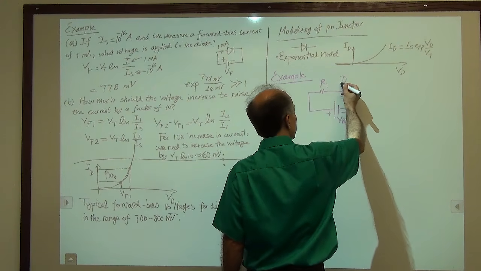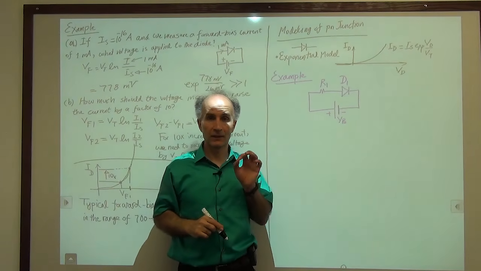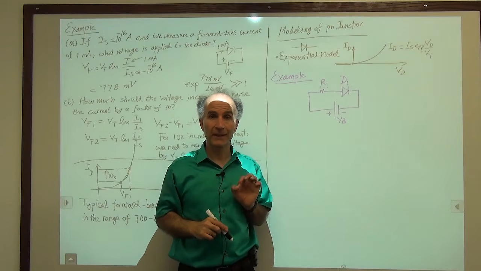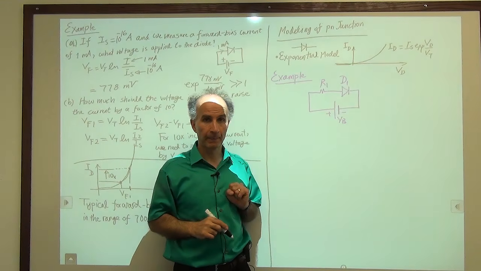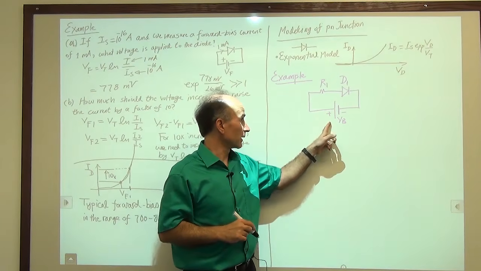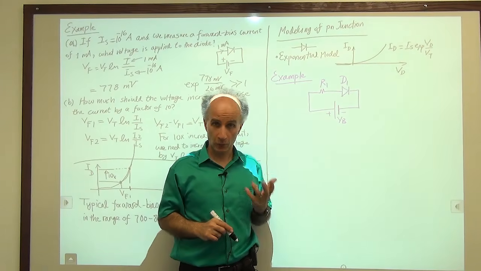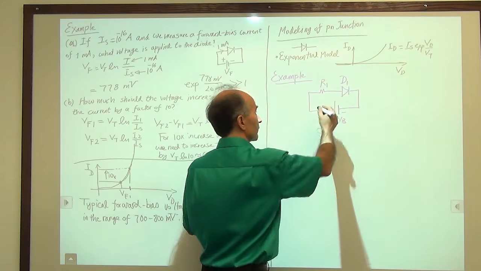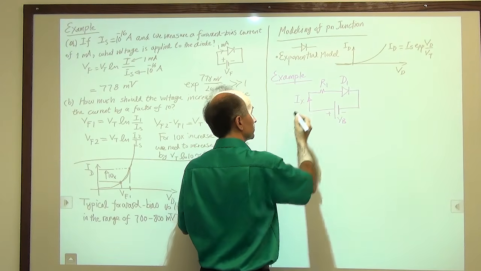I will call this diode D1. So from now on we'll use the letter D to represent diodes, just the way we use letter R for resistors. So I connected a battery and a resistor and a diode in a loop together. And what I would like to find is the current that flows through this loop. So how much current do we have here?